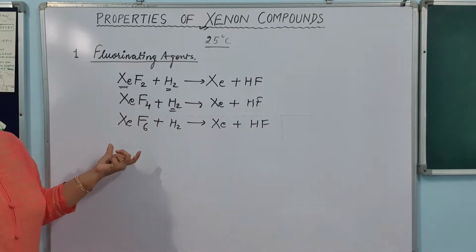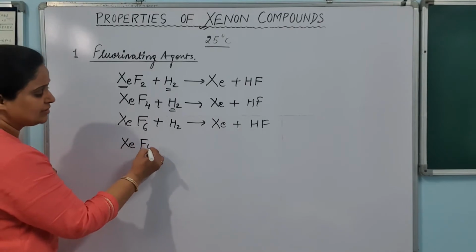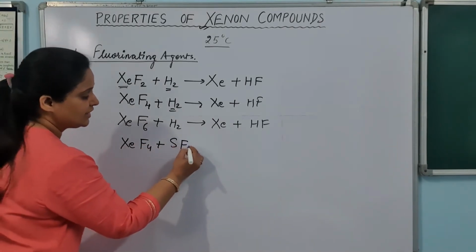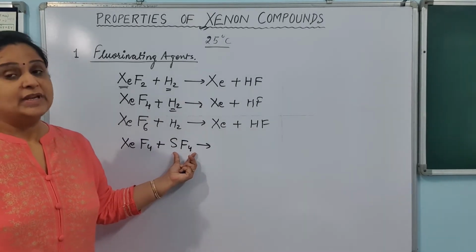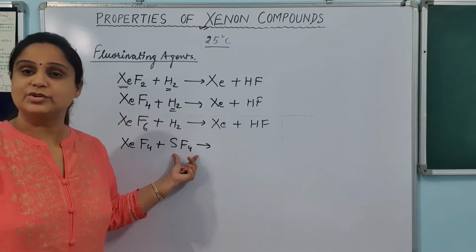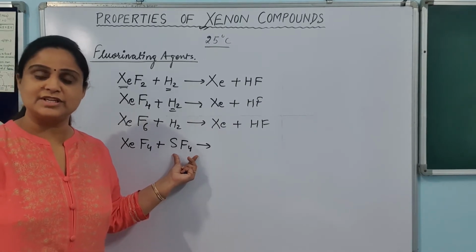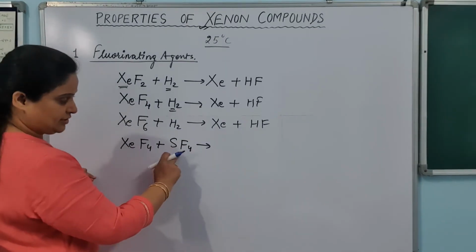Okay. Next reaction is a different reaction, where I am taking XeF4 and reacting it with SF4, sulfur tetrafluoride. We all know that the covalency of sulfur can be extended to +6. Sulfur can show the +6 oxidation state. So this is going to fluorinate SF4.